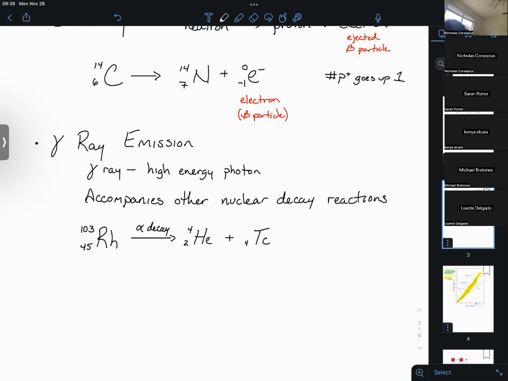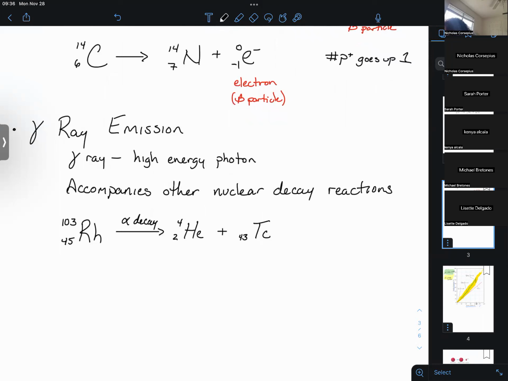Technetium is 43. Okay. But it turns out that this technetium produced, so first of all, the mass number would be 99. And then we put a little m afterwards. This m means that it is metastable.